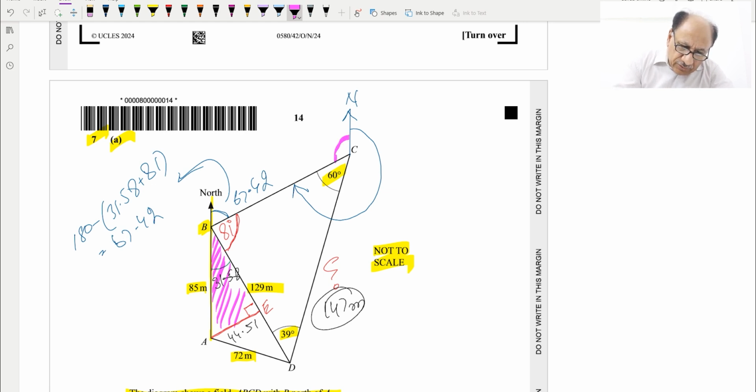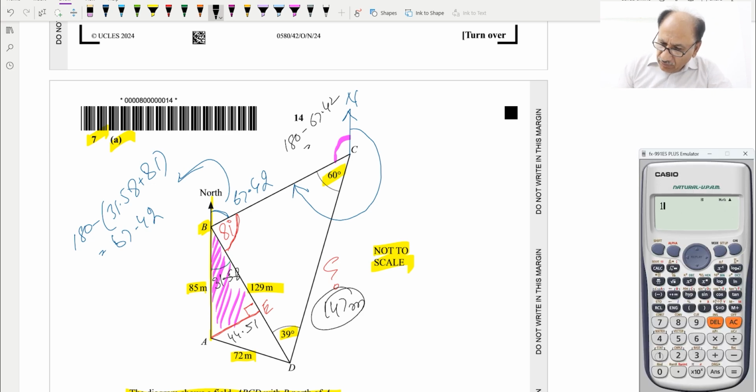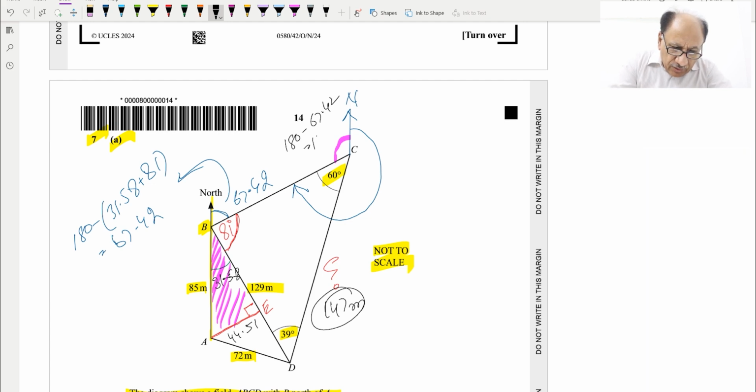Now the remaining angle will be 180 minus 67.42, which is equal to 112.58.